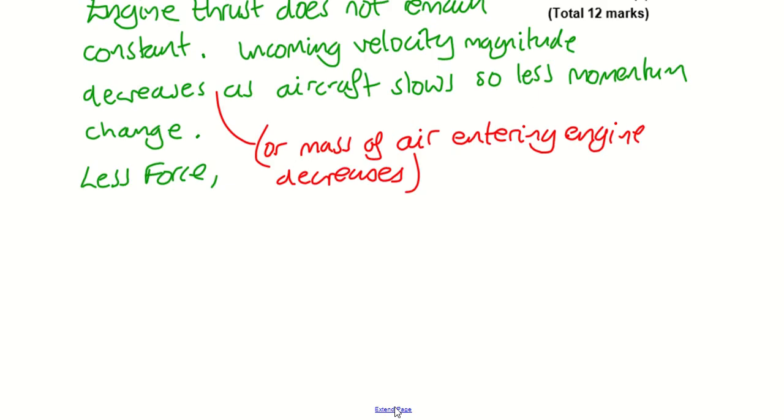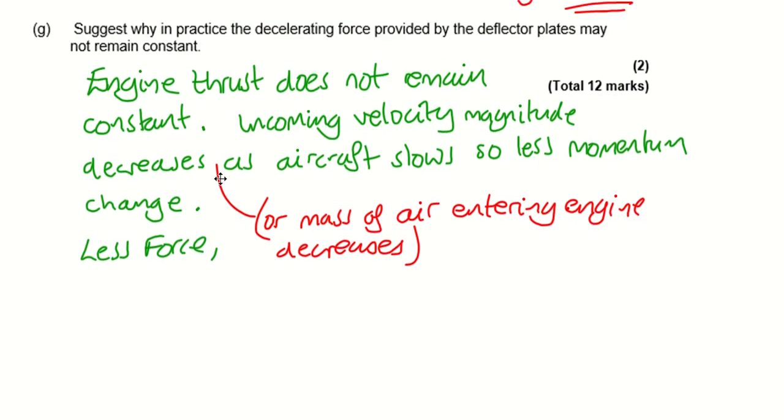I've just written it there as: the incoming velocity magnitude decreases as the aircraft slows, so less momentum change, and I should really have said because less velocity change. So because there's less velocity change, there's less momentum change, there's less force.